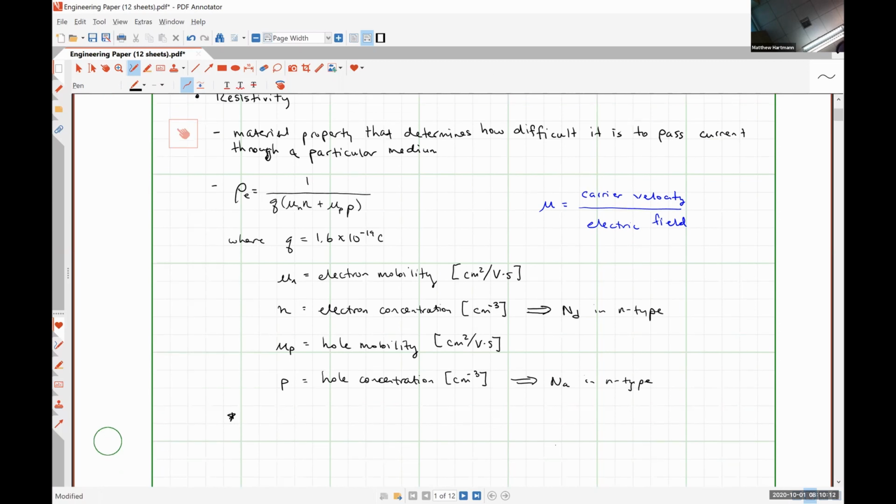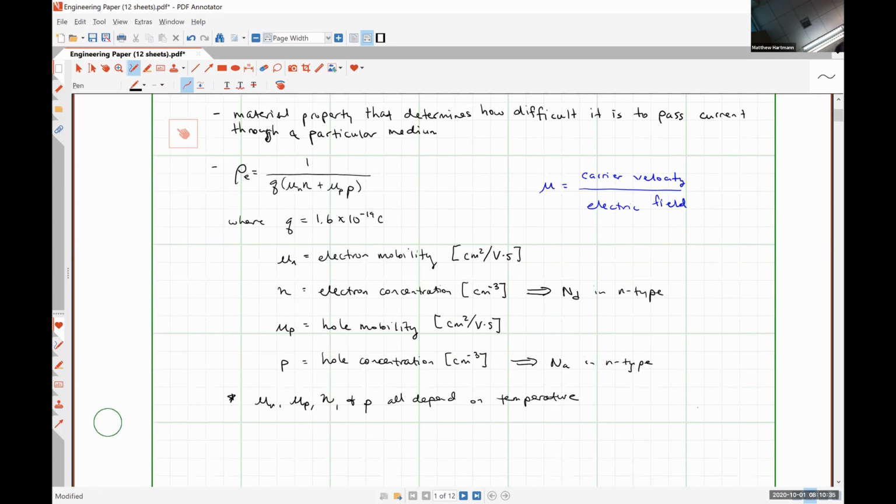Our mobilities, mu n and mu p, as well as our concentrations n and p, all depend on the temperature.